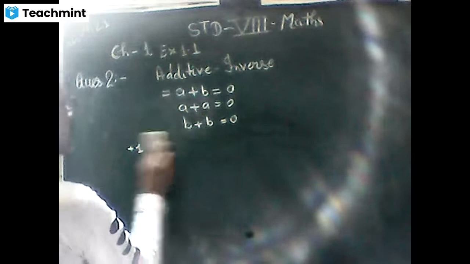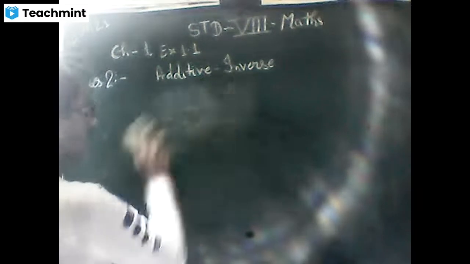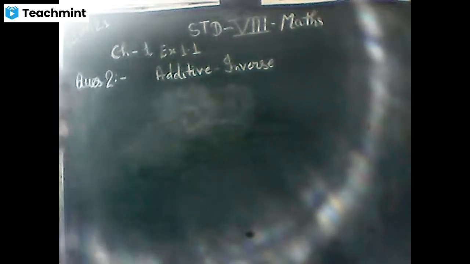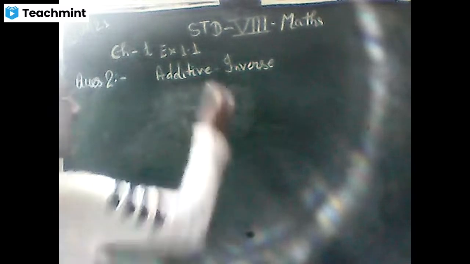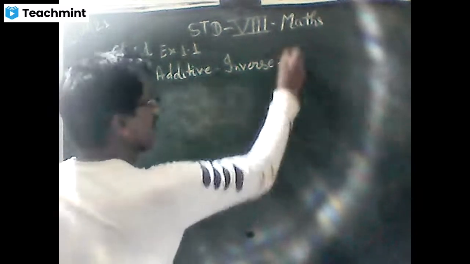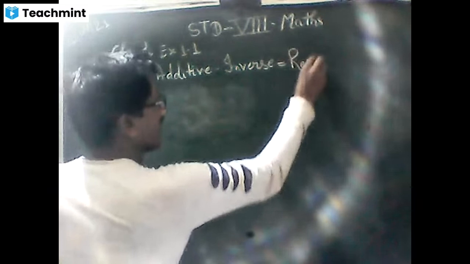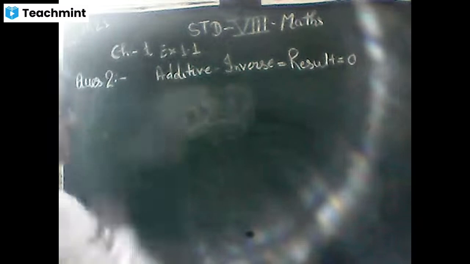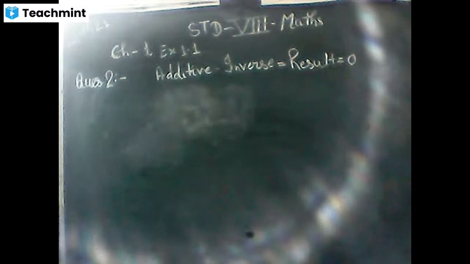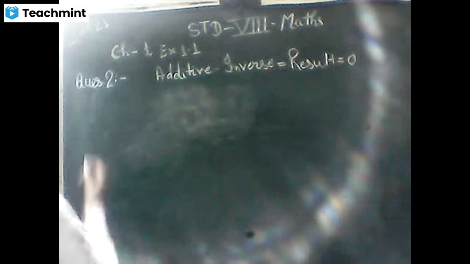If two numbers are additive inverses, the result is 0. When the result equals 0, they are read as additive inverses. Otherwise, they will not be additive inverses.